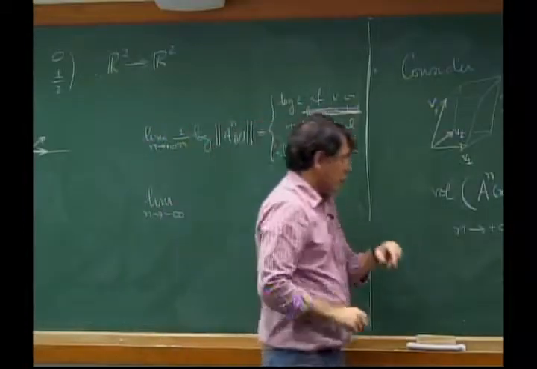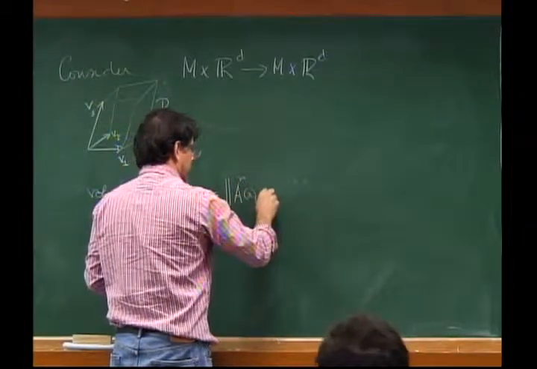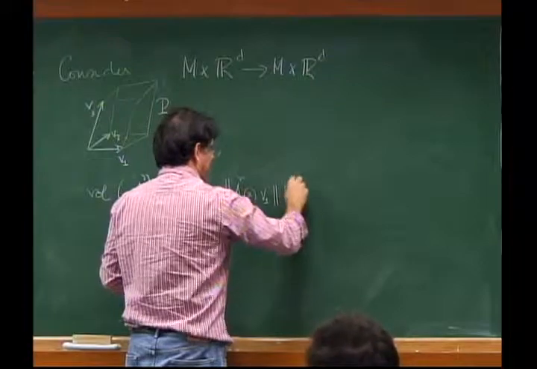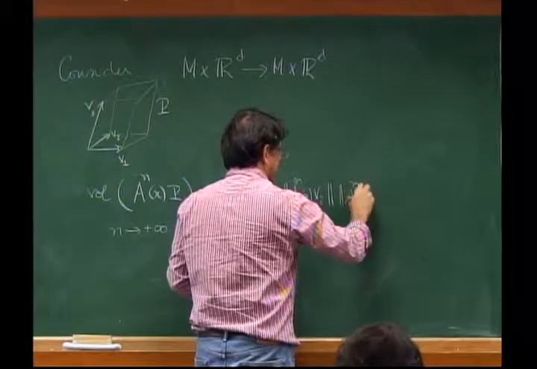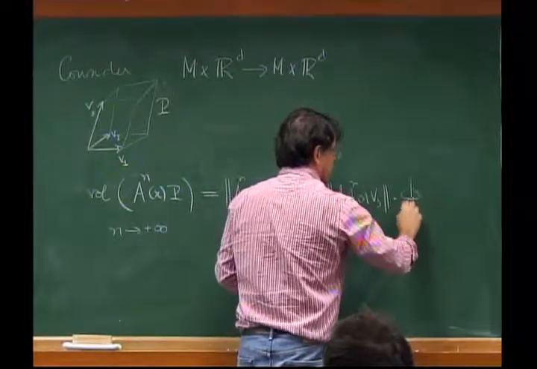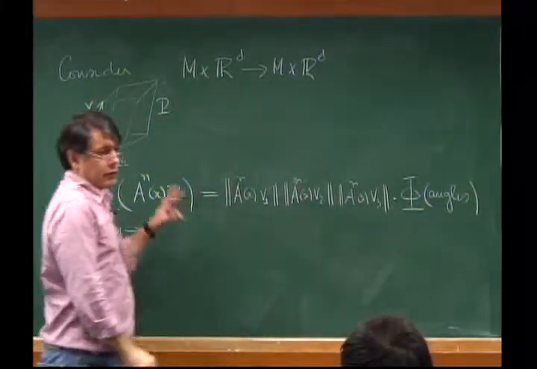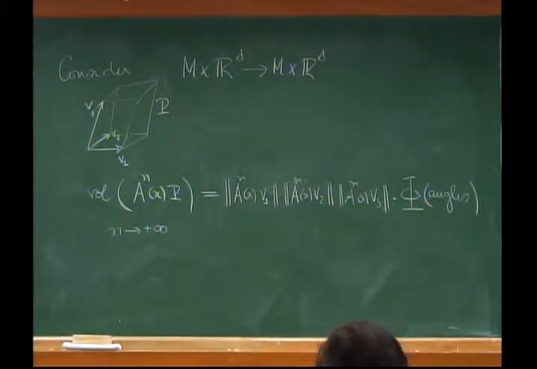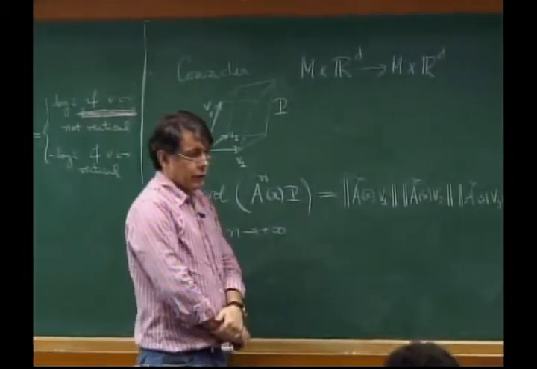So this is the product of the lengths of the edges, and then some expression that depends on the angles between these vectors. In dimension 2, the simple situation, it would be the sine of the angle. In dimension 3, we have to think a little bit, and I don't want to think. It's something that depends on the angles.